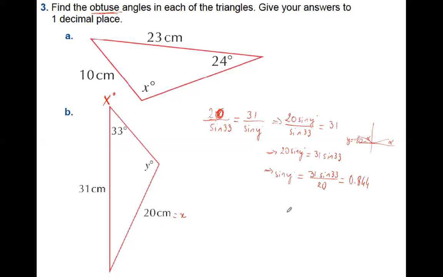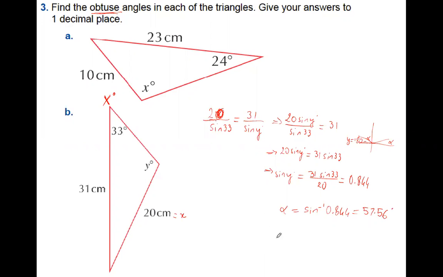So alpha is just inverse sine of 0.844. So what do you get for that? 57.56.